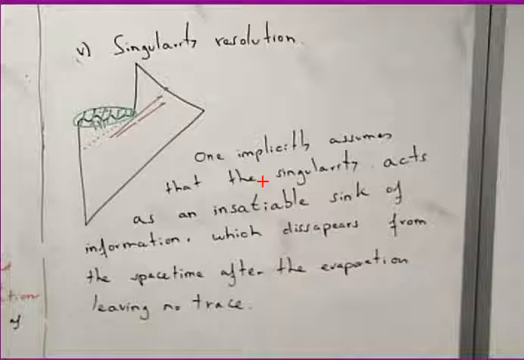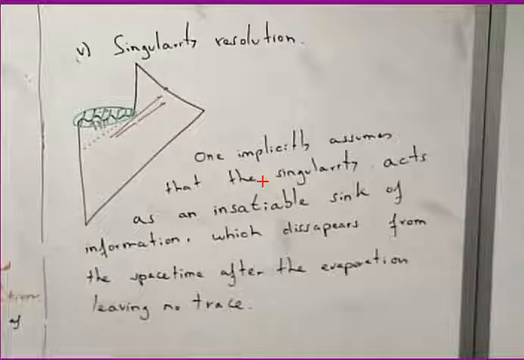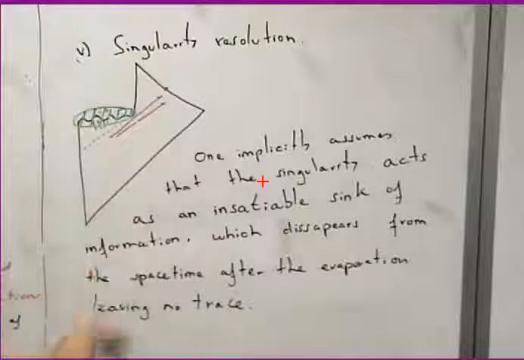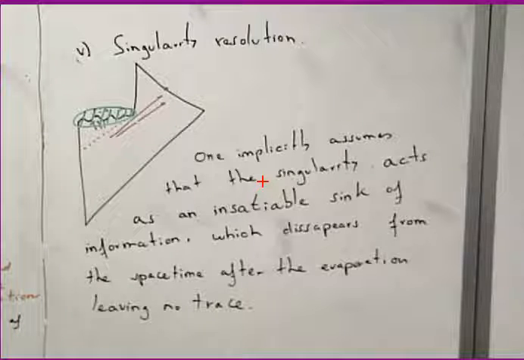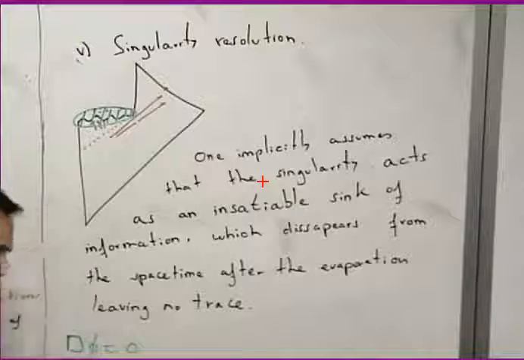Let me put it in an even stronger way. This space-time, this diagram, is not globally hyperbolic. It cannot be foliated via Cauchy surfaces. And we know in general relativity, the classical theory, that if you give me the equation of motion of a scalar field, this equation is hyperbolic.